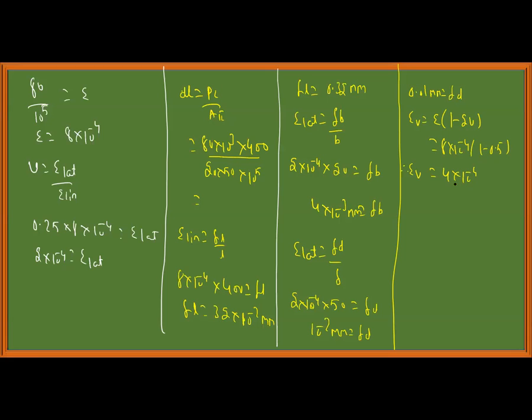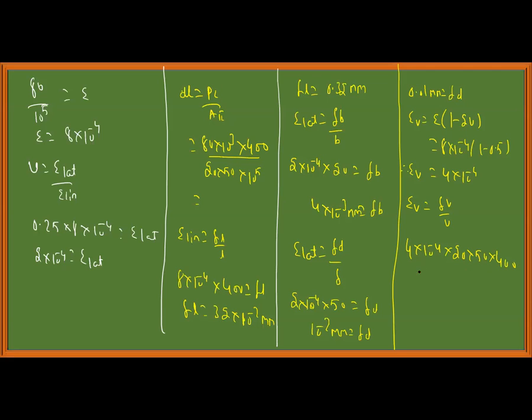Next, change in volume, epsilon V is equal to delta V by V, 4 into 10 power minus 4 into 20 into 50 into length, which is 400.